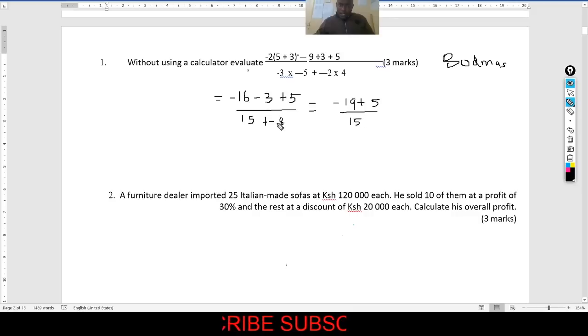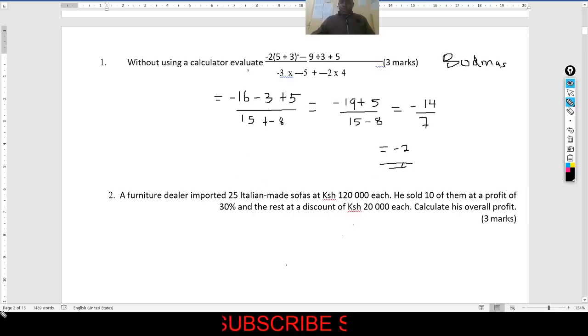Negative 19 plus 5 gives you negative 14, all over 15 minus 8 is 7, so this finally gives you negative 2 as your answer. So that is how you solve such a question.